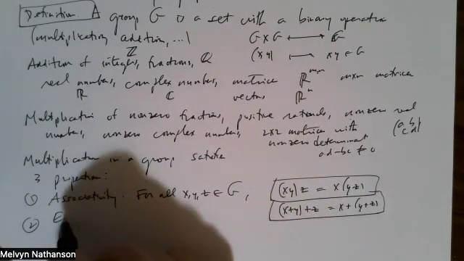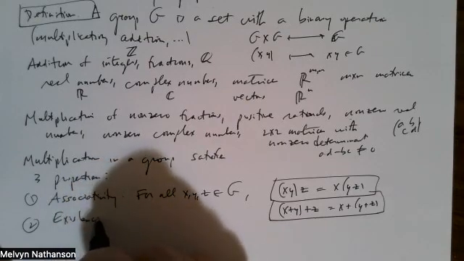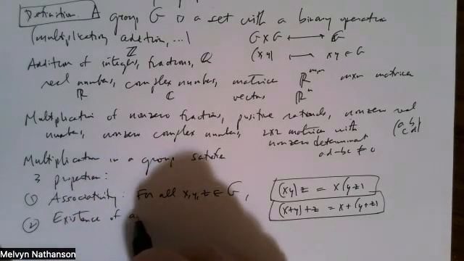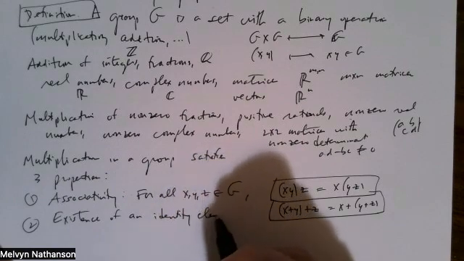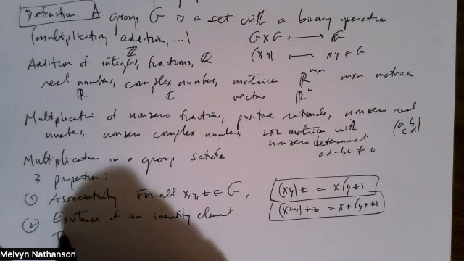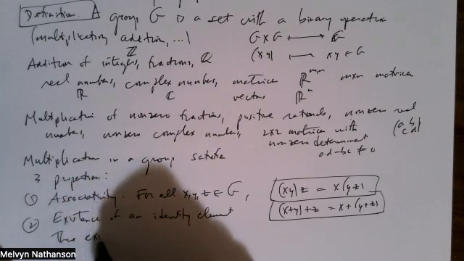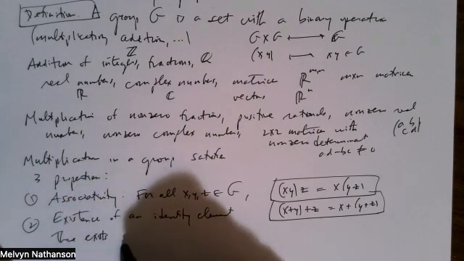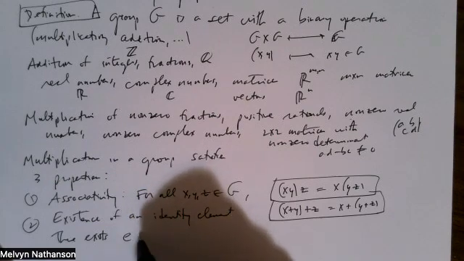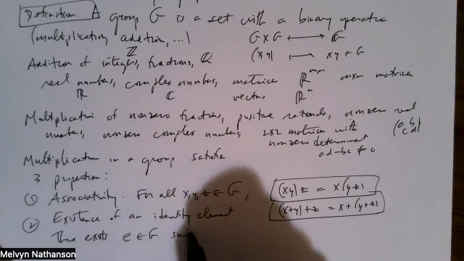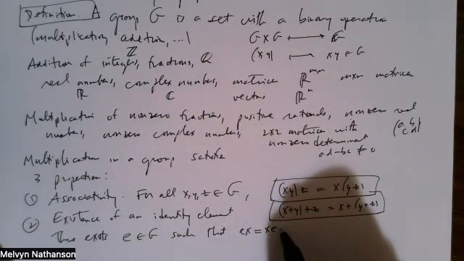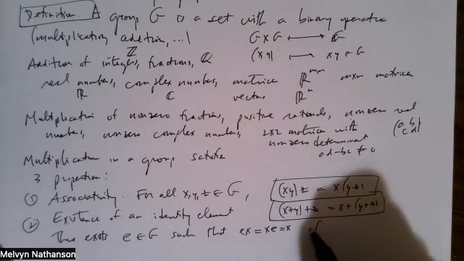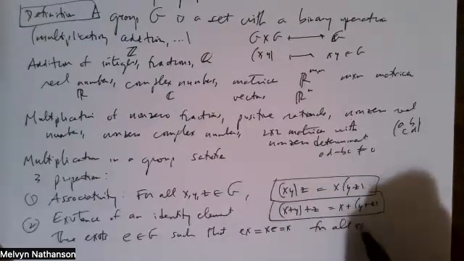The second property is called the existence of an identity element. So there exists an element, let's call it e, in the group, such that ex and xe are equal to x for all x in the group.